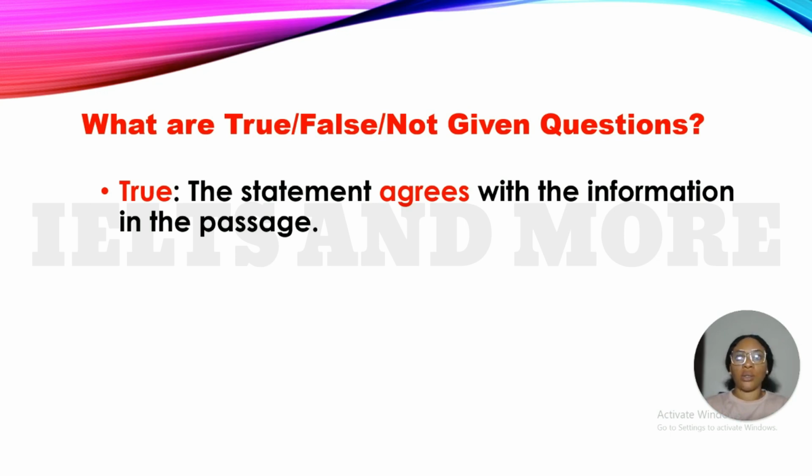Okay, so if the statement says, for example, Ali recently bought that red car. This is just from the top of my head. Then somewhere in the passage, you see the new car belongs to Ali. It's basically the same thing.